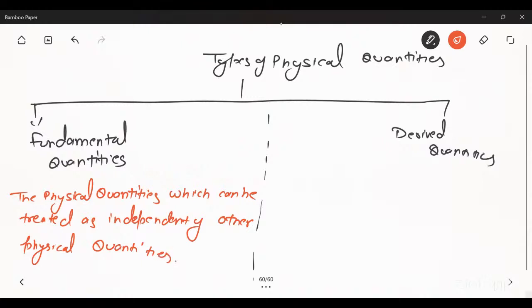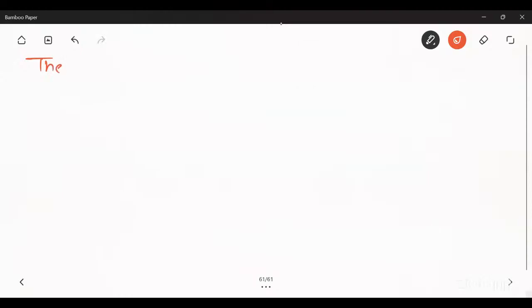Examples: mass, length, time, etc. There are seven types of fundamental quantities.